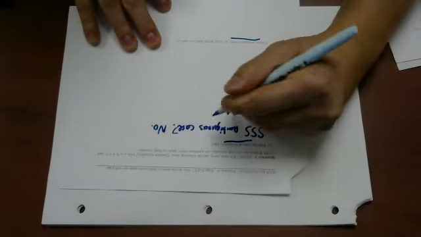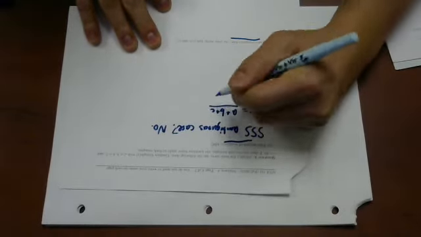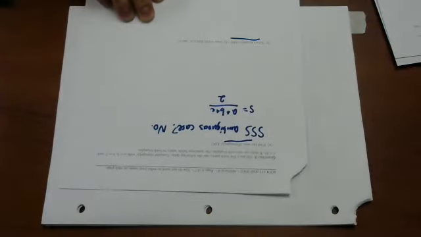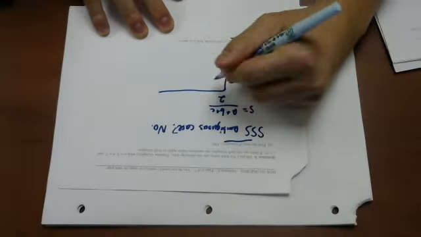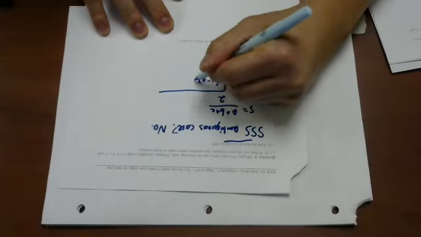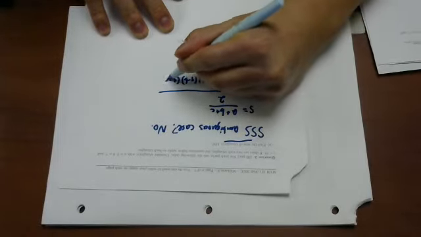No ambiguous case. And with side-side-side, it's helpful to use Heron's formula. So that was let s equal the sum of the lengths of the 3 sides, divided by 2, and then the area is supposed to be square root of s times s minus a times s minus b times s minus c.